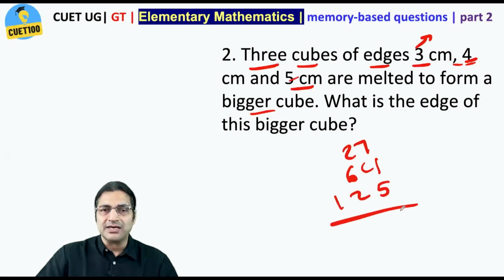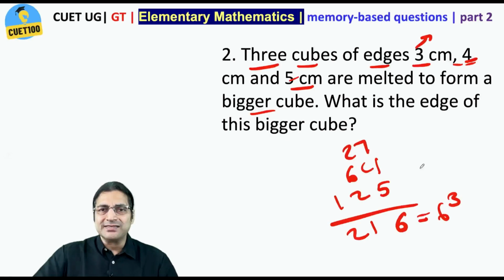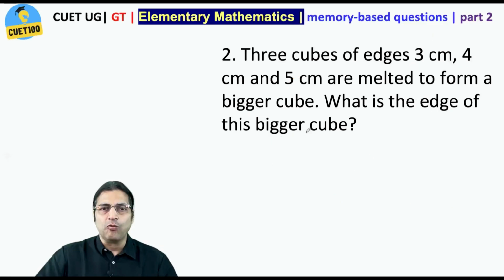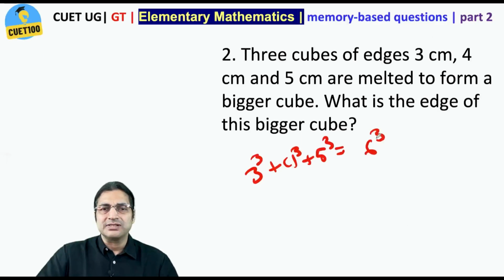If you take the sum, it comes out to be 216. And this 216 is 6 cube. It means the edge of the bigger cube is straight away 6. And now onwards, please keep one thing in mind, that 3 cube plus 4 cube plus 5 cube is equal to 6 cube.